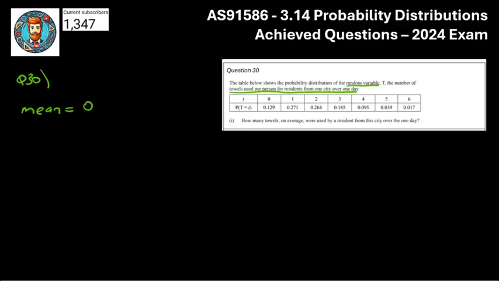So we're going to have 0 times 0.129, that's the stuff sorted. Then we're going to add on 1 times 0.271, that's all sorted now.